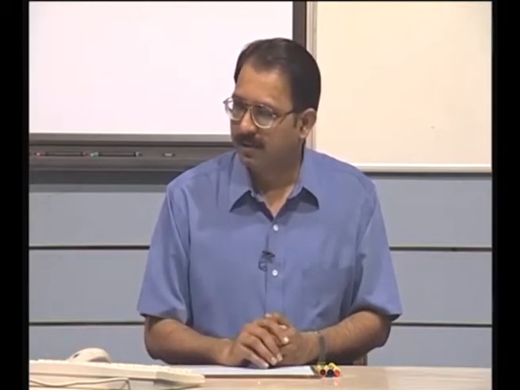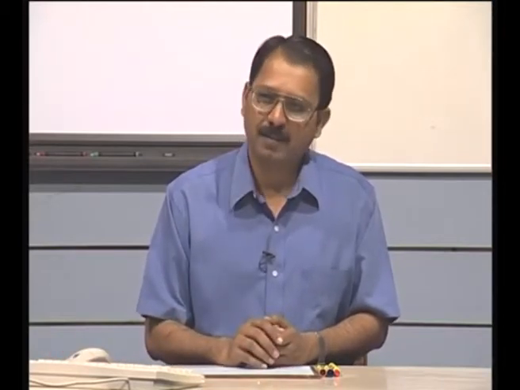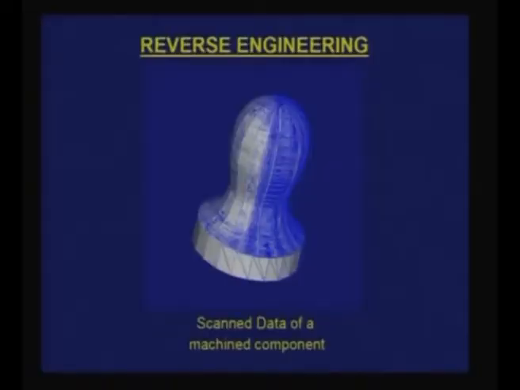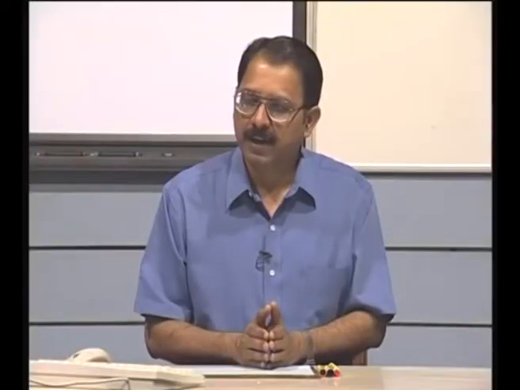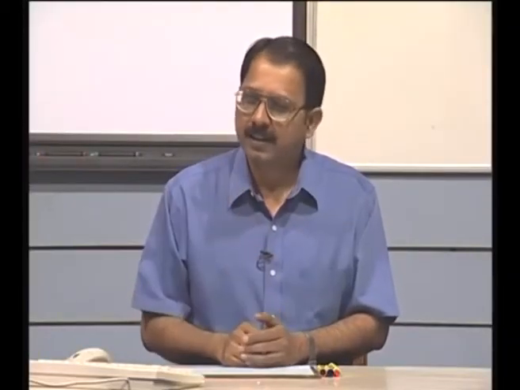Here is an example. This is actually a machined part, and a number of points have been taken. One of the ways to fit surfaces to point cloud data is using only triangles. If I have a large number of data points, I can fit triangles to get an approximate surface.